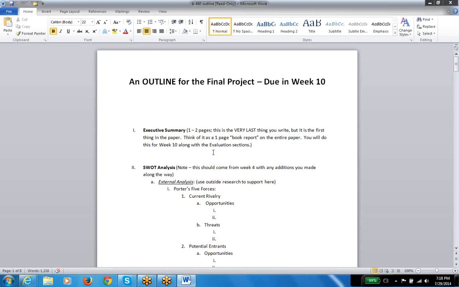Number two, you come up with your issues. Where do I want to be? What do I want to see different? What do I want to see better? And you come up with some alternatives to fix stuff. That's week 6. The next part is the implementation, week 8. That's the how do I actually do all that?